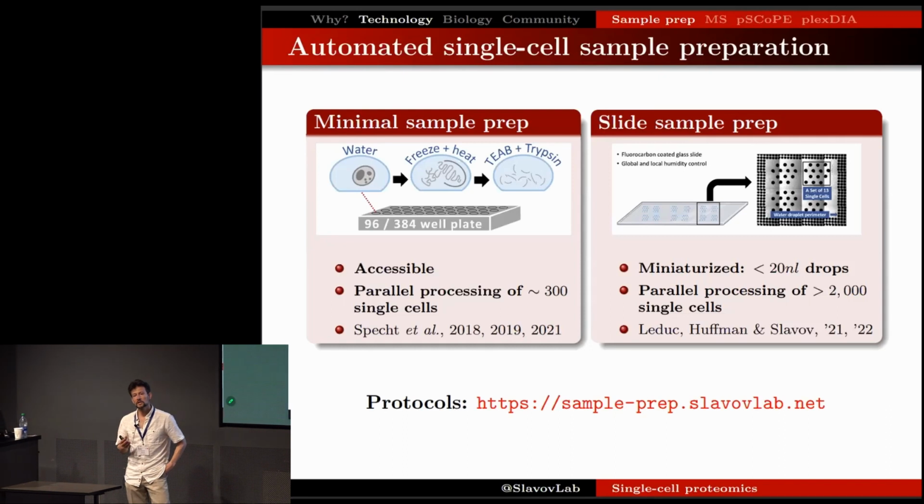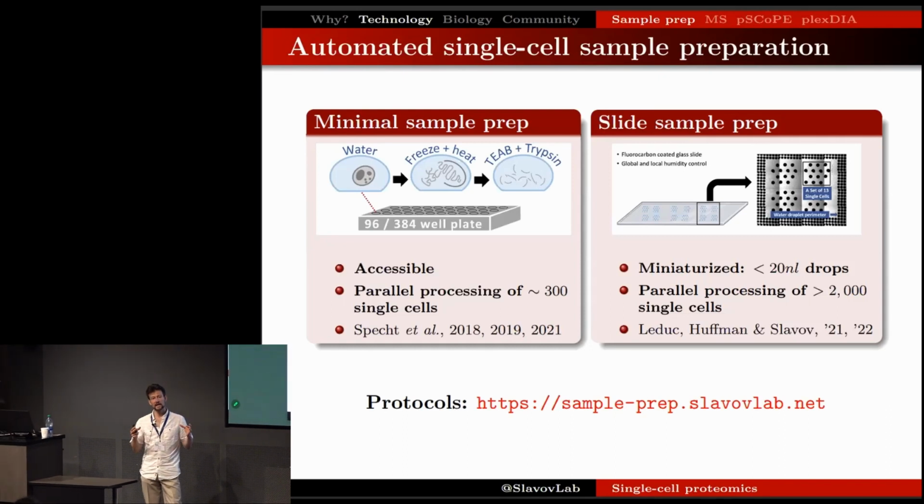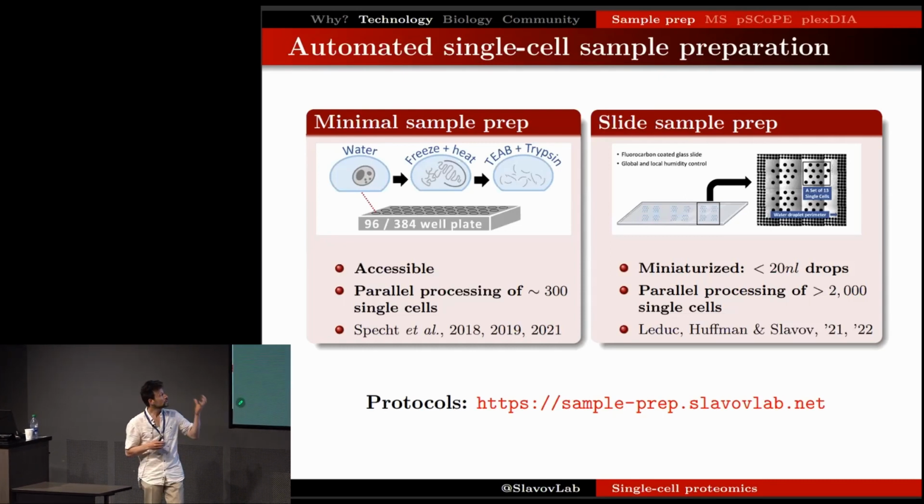The first one uses multi-well plates, and cells could be sorted by a FACS sorter. And this kind of arrangement is particularly accessible, and that's its advantage. Its downside is that we can only prepare a few hundred cells at a time, and to use relatively large volumes, we also found that FACS sorting is not particularly robust. We certainly had challenges with that.